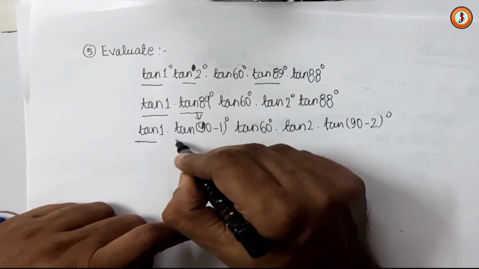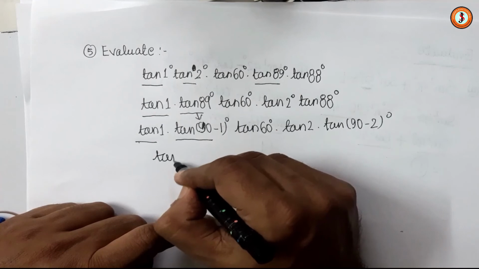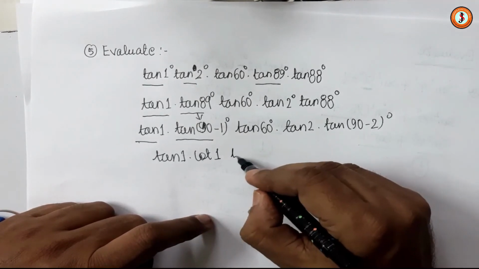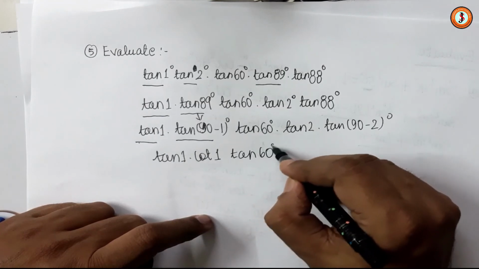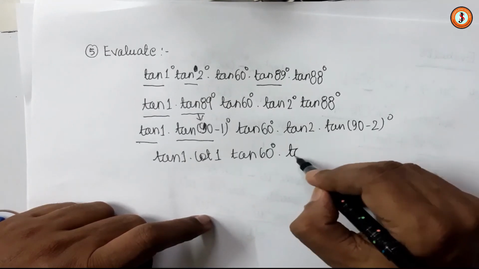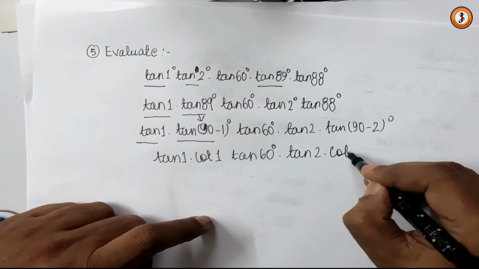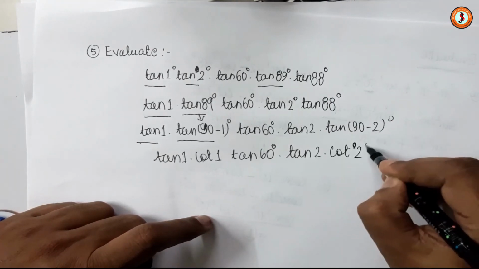So tan 1 and tan 90 minus 1 will be cot 1 into tan 60 remains this, tan 2, and this is tan 90 minus 2, which is what? Cot 2 degree. Now see the fun.